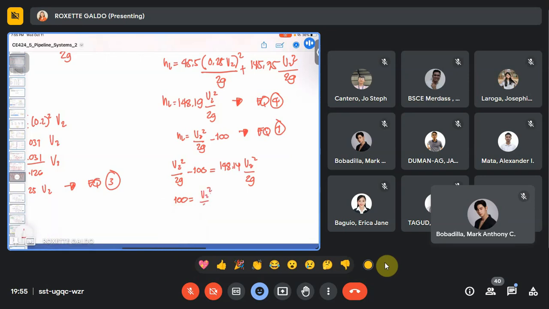V2 squared over 2G minus, is this right? 148.14. Is that correct? So how much is V2?